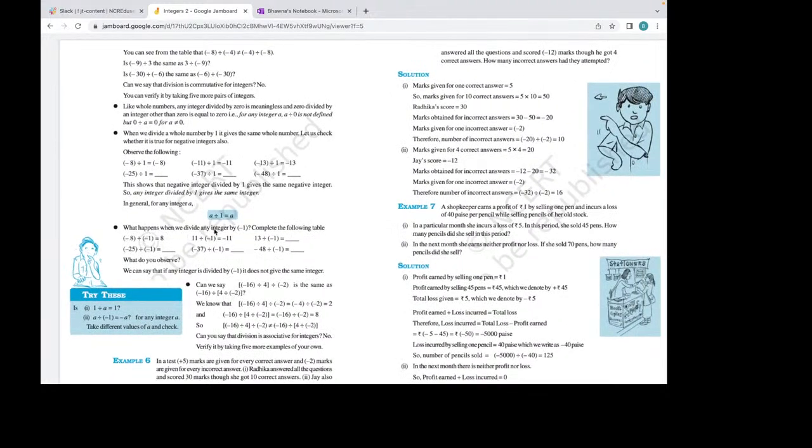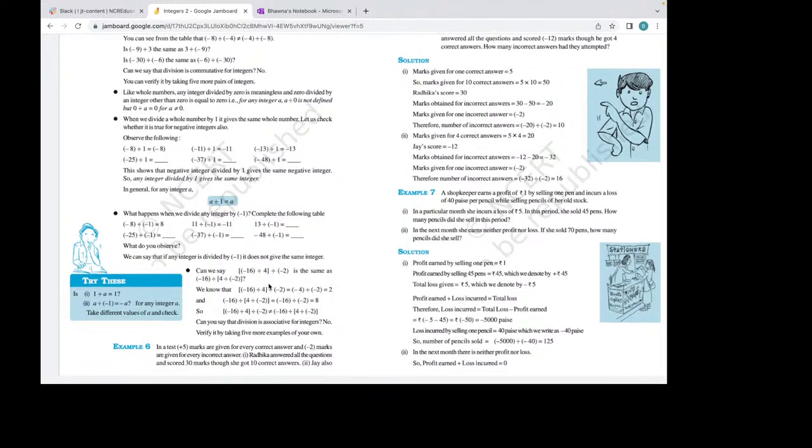What happens when we divide an integer by minus 1? When we divide by 1, the integer remains the same. But what happens when we divide by minus 1? If we divide a negative integer by negative 1, it becomes positive, and when we divide a positive integer by minus 1, it becomes negative.